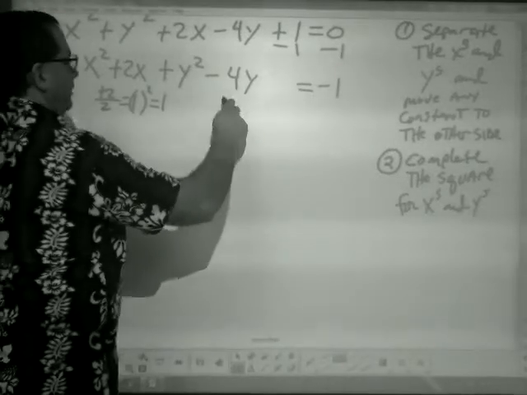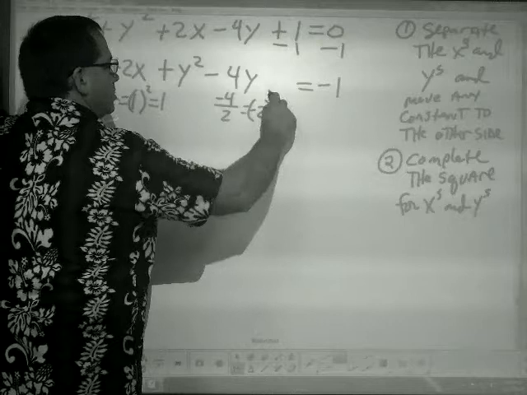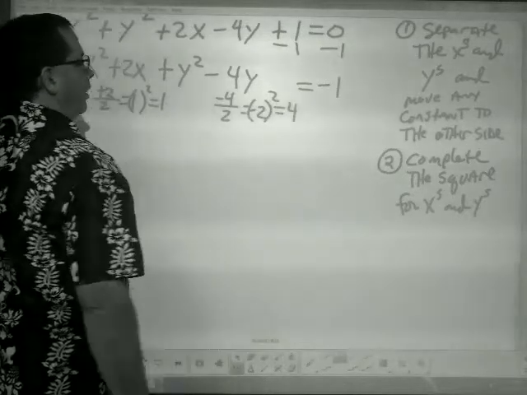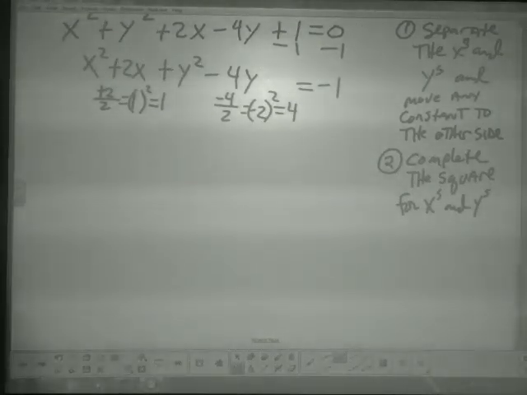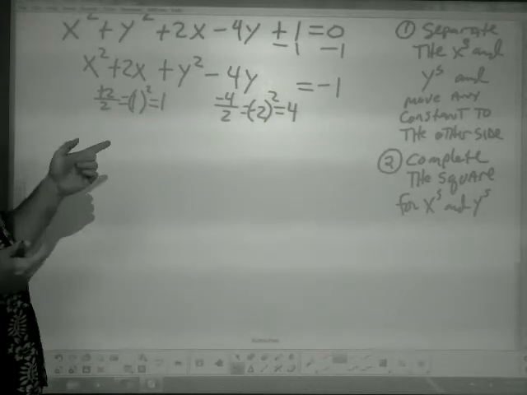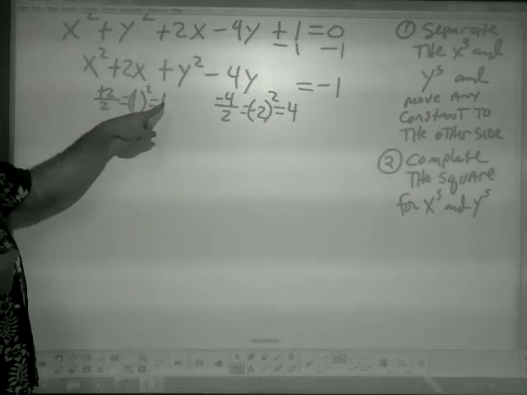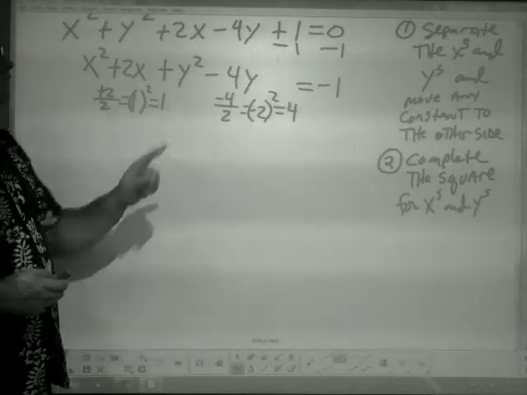Over here, I have a -4 divided by 2 is -2. Squared is +4. Okay. So just like we did yesterday, or the last class that we had, you take half the b term, square it, and then this value you're going to add to both sides.